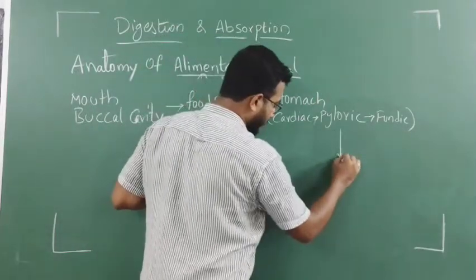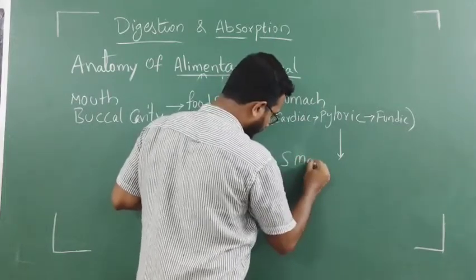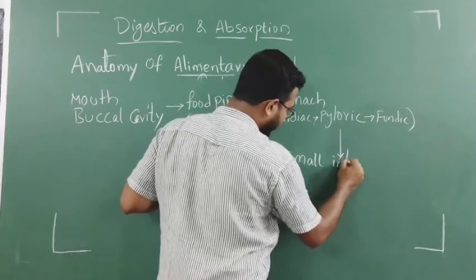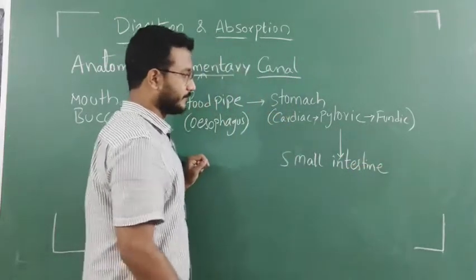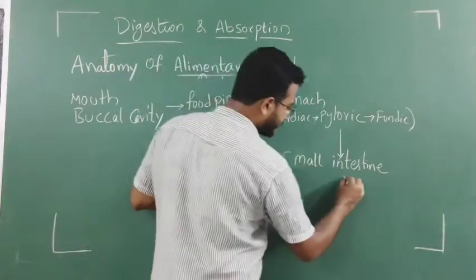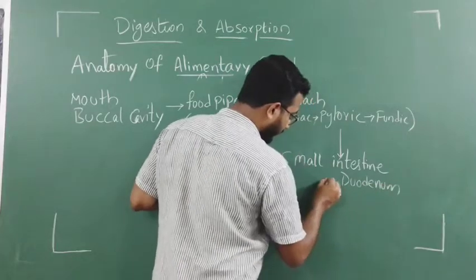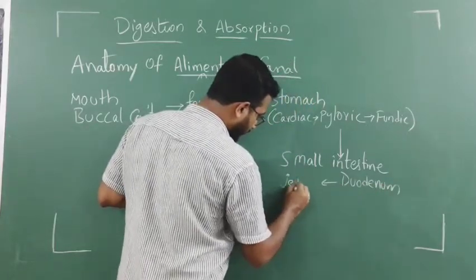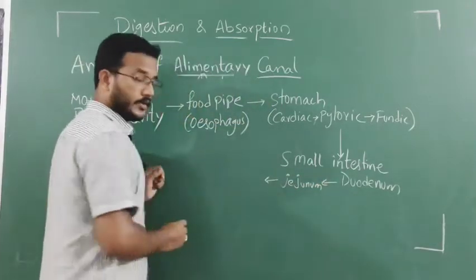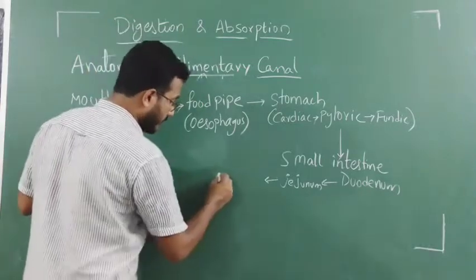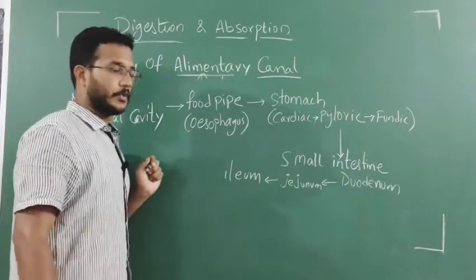And from the stomach, it leads to the small intestine. The small intestine contains the duodenum, jejunum, and ileum. These are the three regions present in the small intestine.